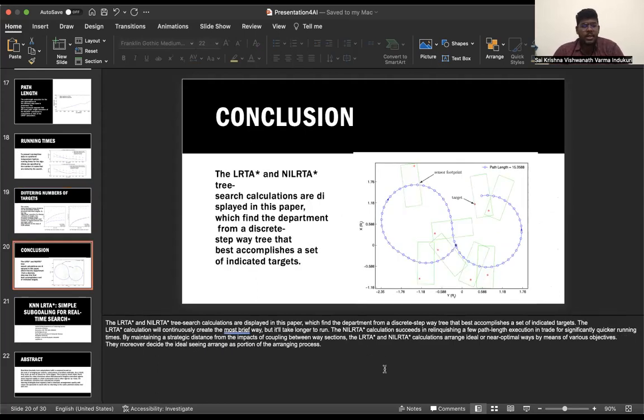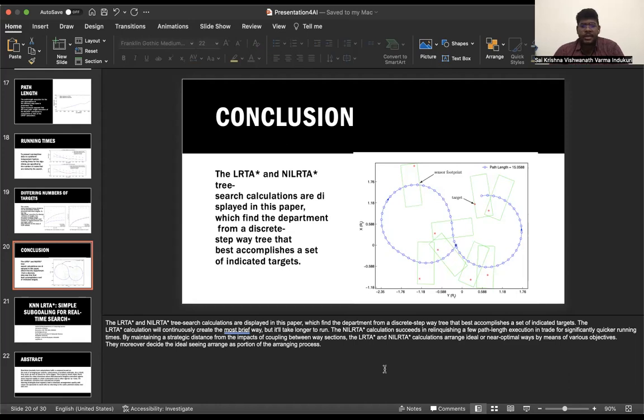So in conclusion, the LRTA star and NILRTA tree search algorithms are displayed in this paper, which find the branch from the discrete step path tree that best accomplishes a set of specified targets. The LRTA algorithm will continuously create the shortest path, but it will take longer to run.